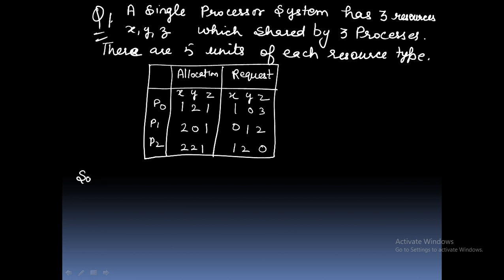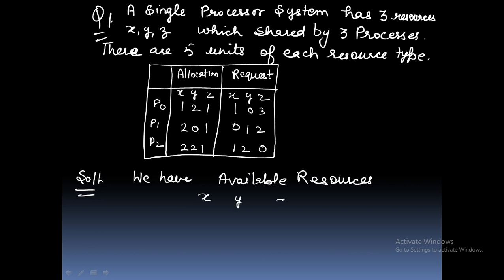Now I am going to solve it. First of all, we have available resources, you can say available instances of resource type X, Y, Z, 5, 5, 5, and we have allocated 3, 4, 5, and allocated resources are 5, 4, 3.